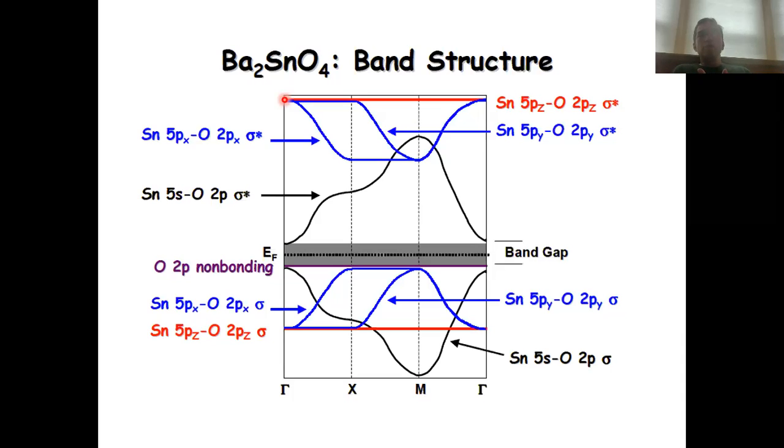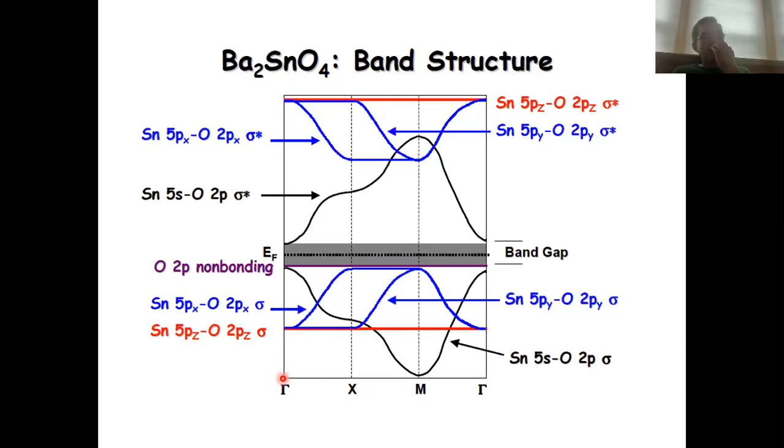Now how will that band develop as we go from lambda to chi to m to lambda? Because the orbitals have z orientation, there is basically no orbital overlap in x and y direction.